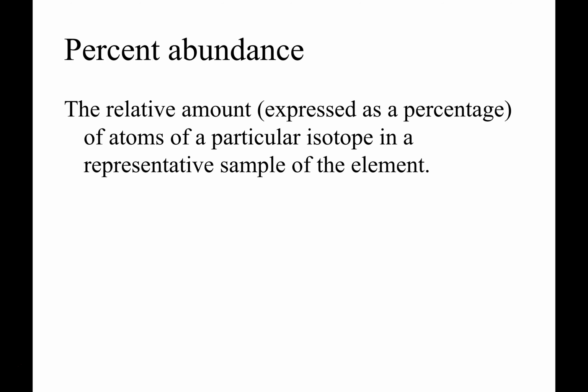Do you see 7 there for iron? I only see 3. This has 3 isotopic forms.